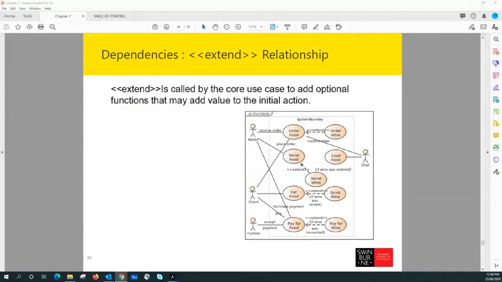At the same time, they may order some wine. So that is the extension, extend. You can see in the extend relationship the dash arrow is pointing to the main use case. Okay, this is the extra functionality that we would like to include in our concerned use case.